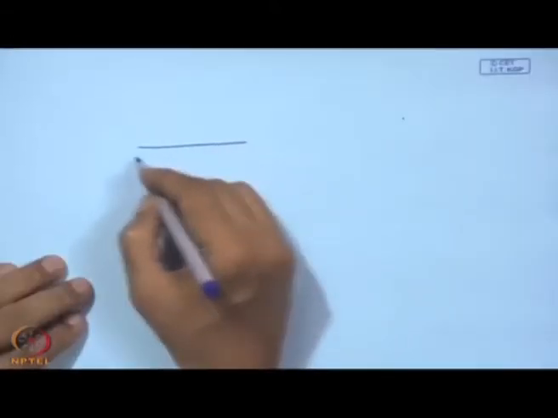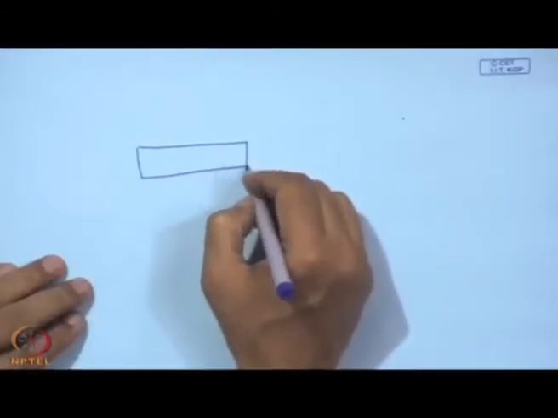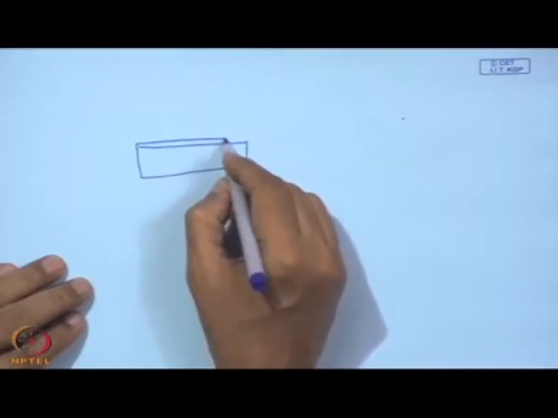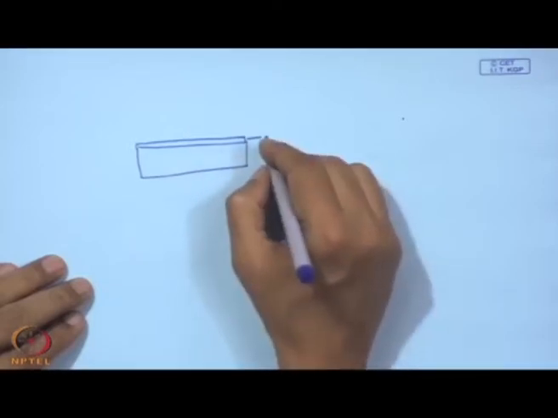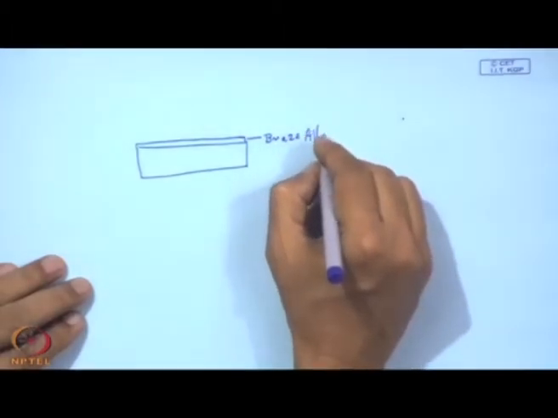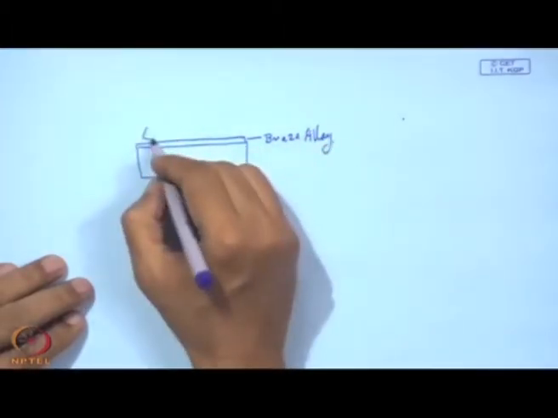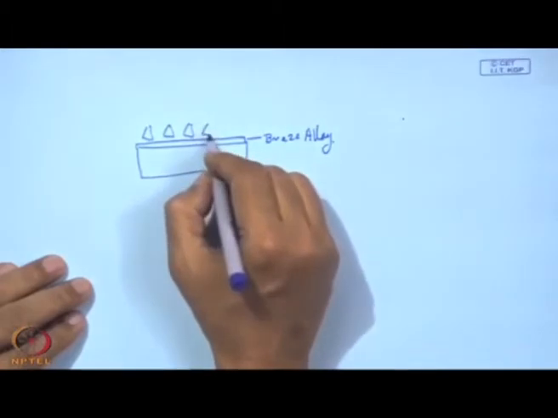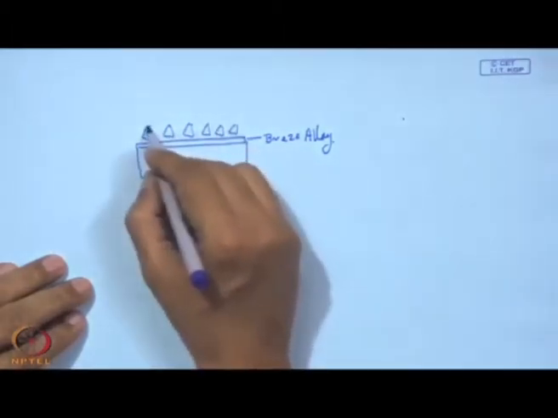Now, here we can do something interesting in an intelligent way. Ordinarily we have a substrate, and then we put one layer of braze alloy, and over that we put the grits, with just a temporary binding.